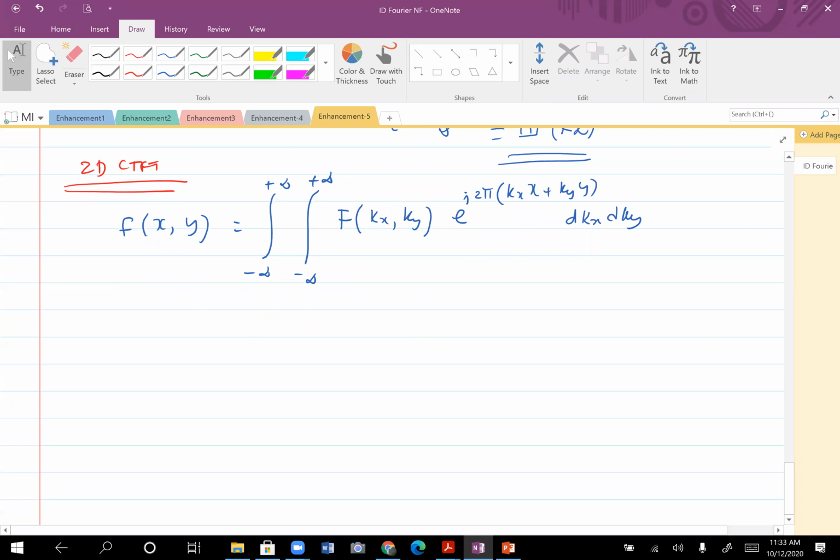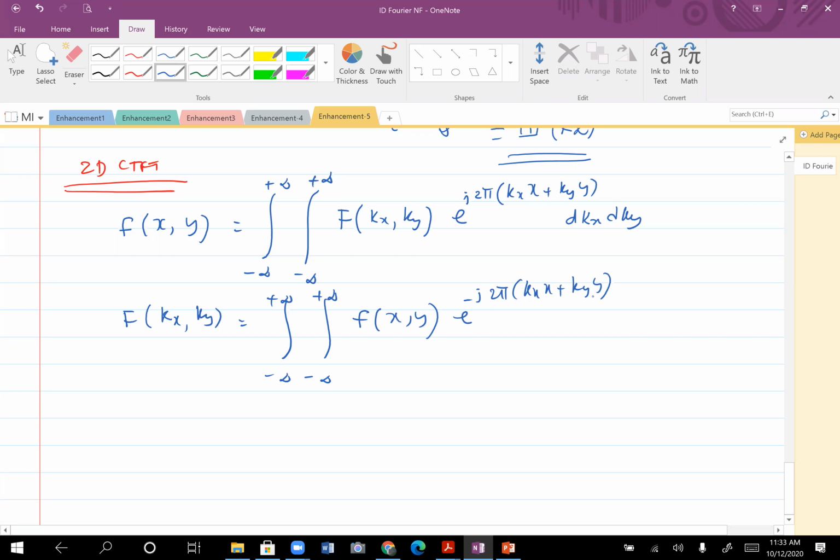So let me now write the Fourier transform also here. F of kx comma ky is equal to the integral over x varying from minus infinity to plus infinity, y varying from minus infinity to plus infinity, f of x y into exponential of minus j2 pi times kx x plus ky y, dx dy. That's it.